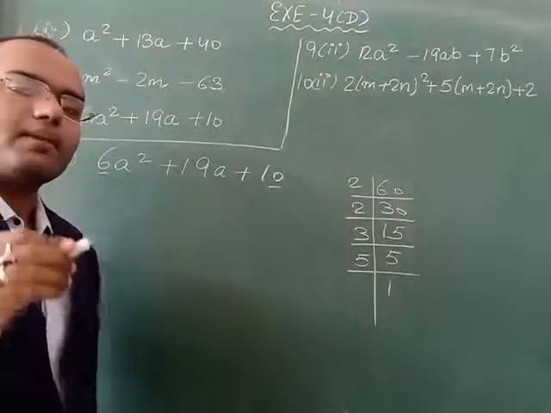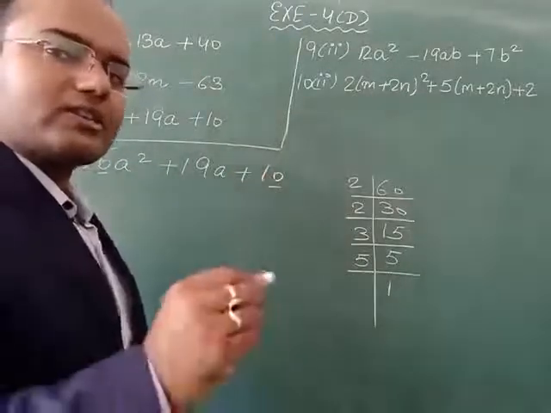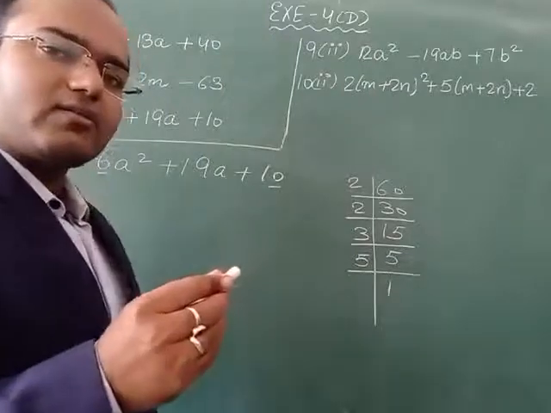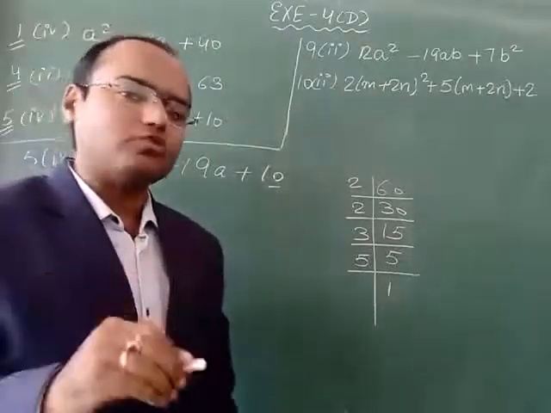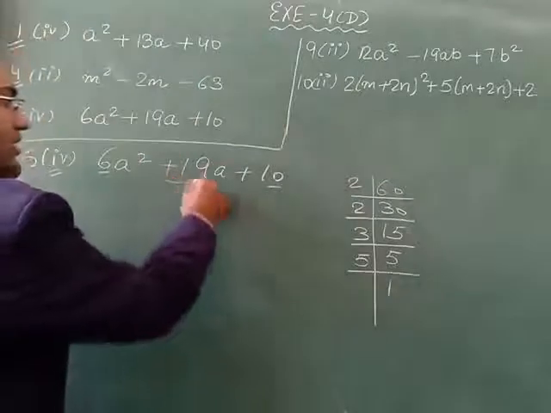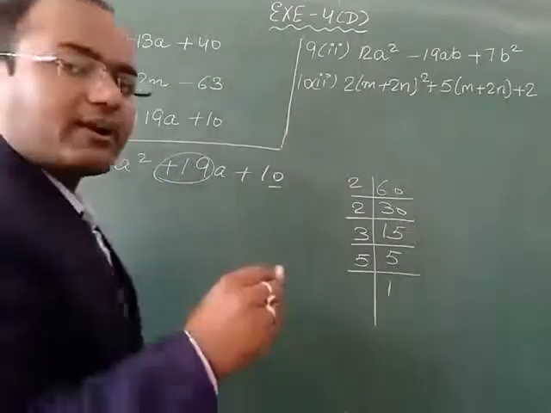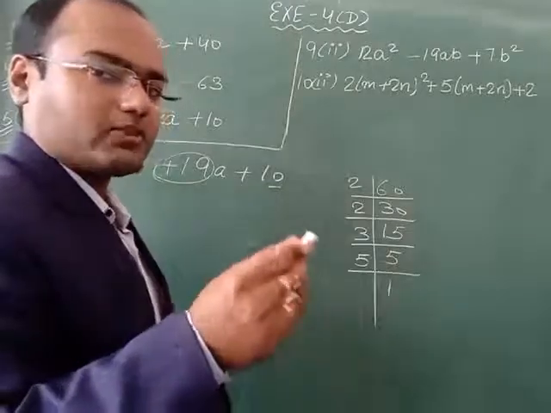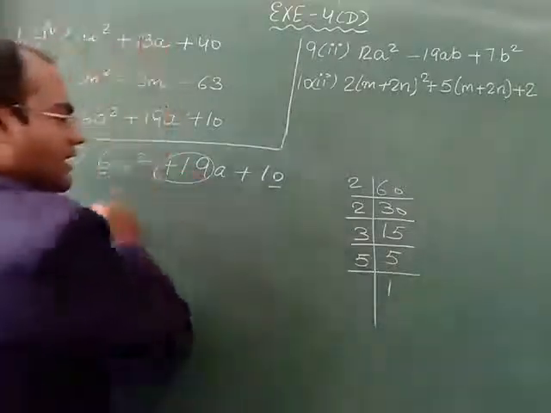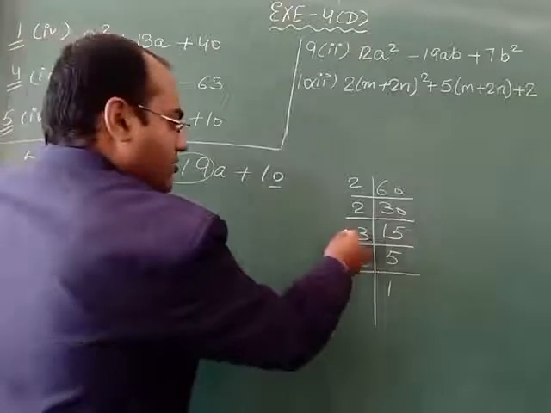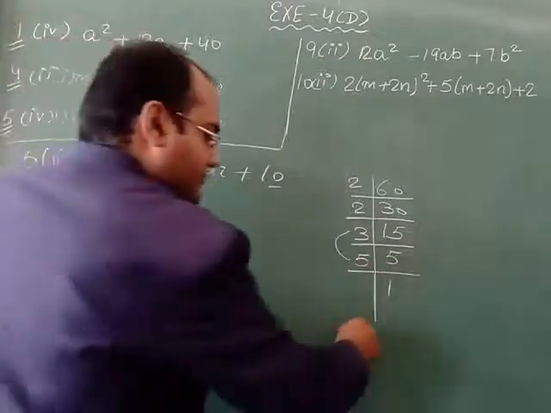Now we have to find a pair of factors of 60 whose product will be 60 and whose sum should be equal to plus 19. So how will we make plus 19? We have to find a pair of two factors. 5 into 3 will be 15.